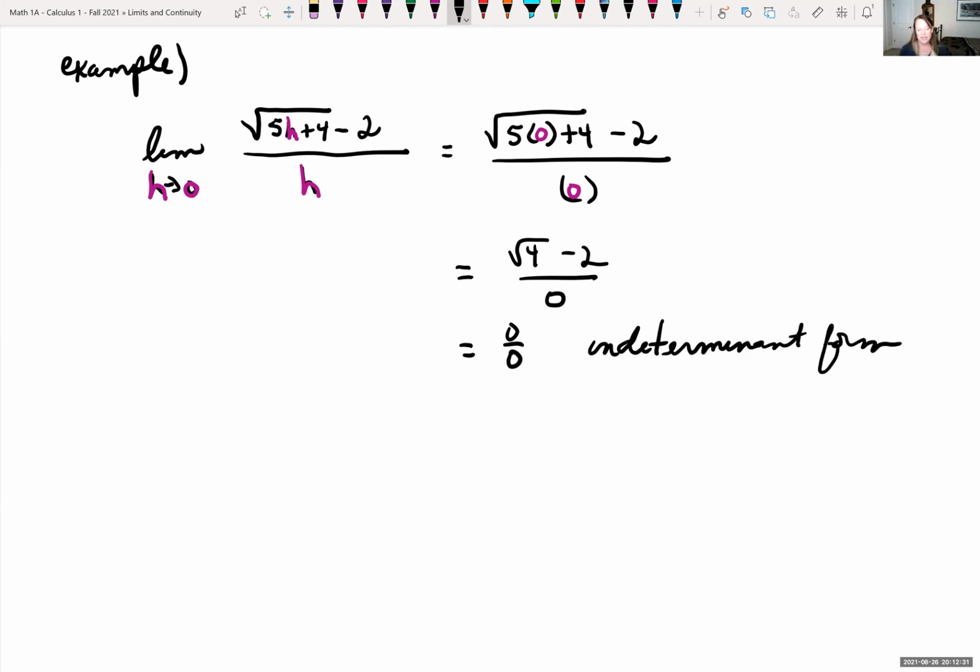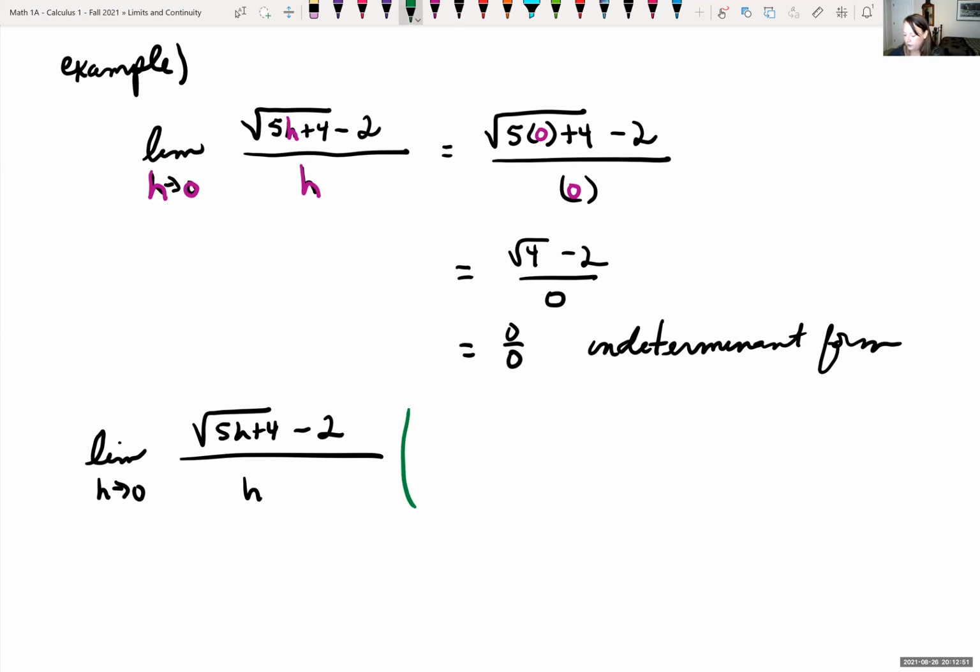In this case, we can't really factor, but I do notice that we have a radical in here, and so we can clear a radical. We can rationalize the numerator in this case. To rationalize the numerator, again, we're going to multiply by a fancy 1. And that fancy 1 is going to be the conjugate of what our numerator is.